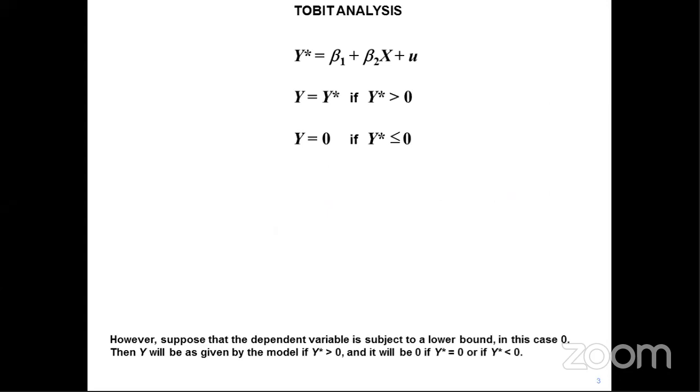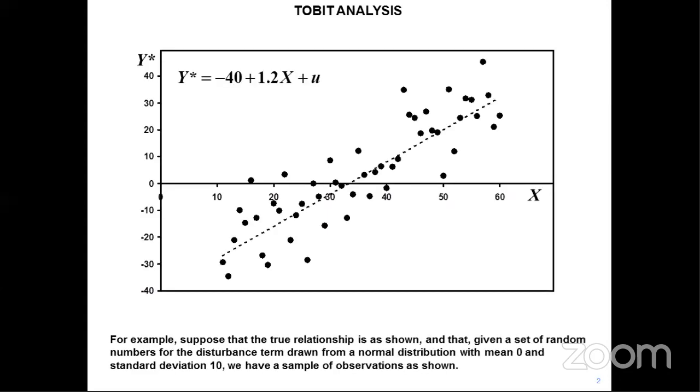This is a hypothetical regression estimation, and the observations have been derived with the normality assumption for the disturbance term, with a mean value of 0 and a standard deviation of 10.